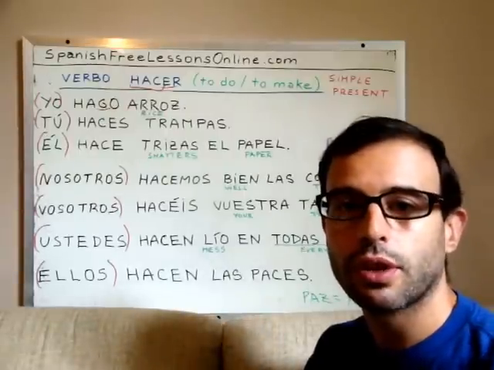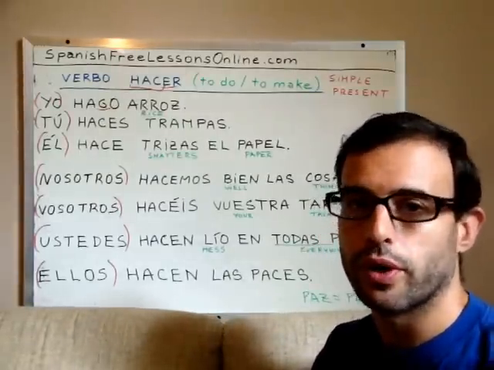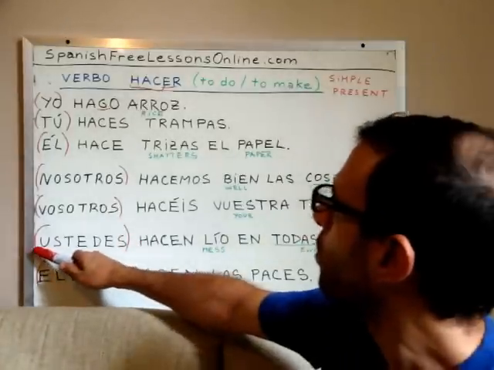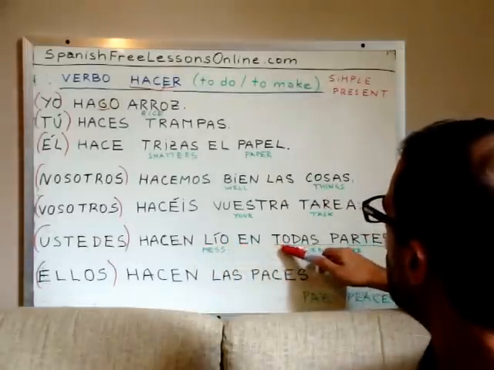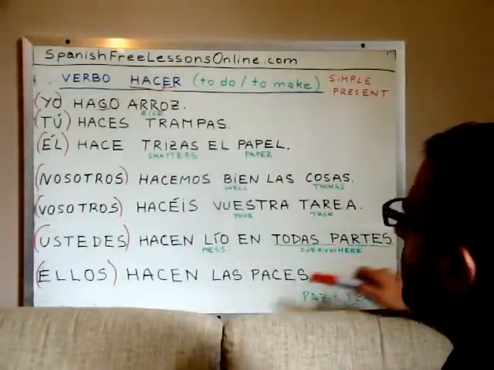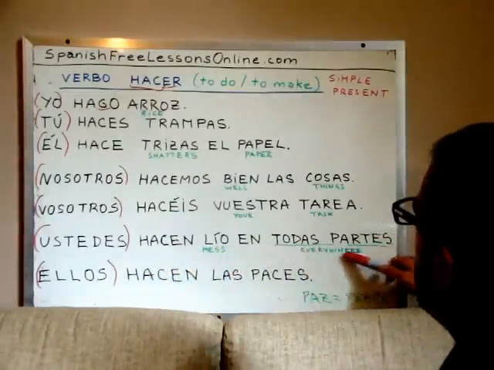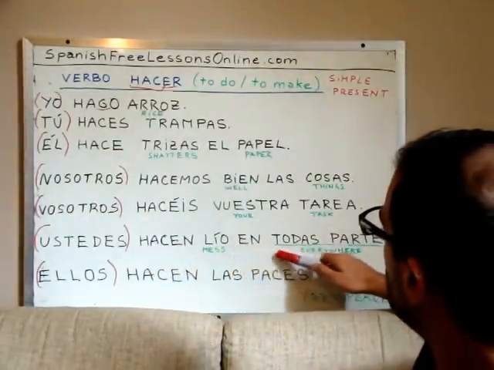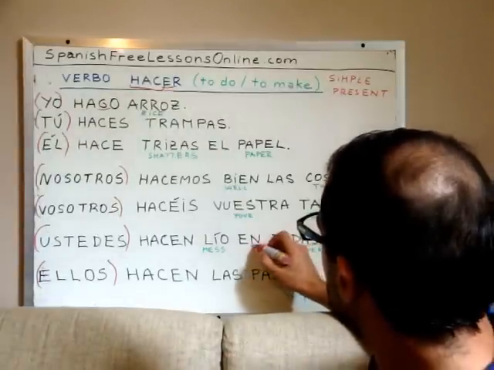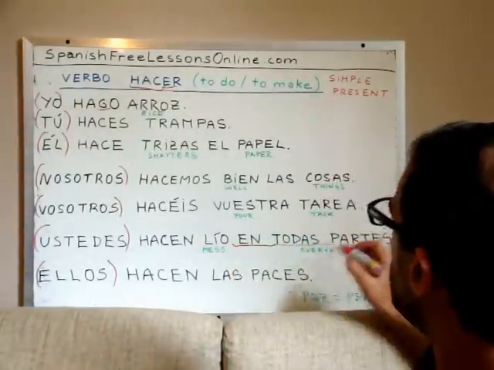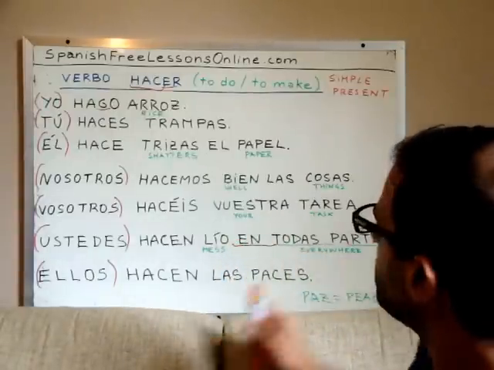But when you say todas partes, as a phrase together, it means everywhere. So, ustedes hacen lío en todas partes. You make a mess everywhere. En todas partes would be everywhere, right? Would be the three words together.